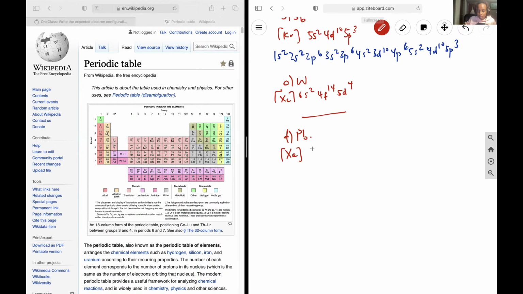So again, we're going to be passing 6s2, 4f14 with the lanthanides, 5d10 because we get out of the transitions. And then we're going to have 2 here. That's going to be 6p2. And that's it for that one.